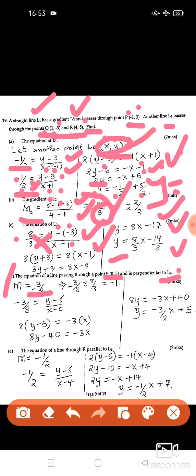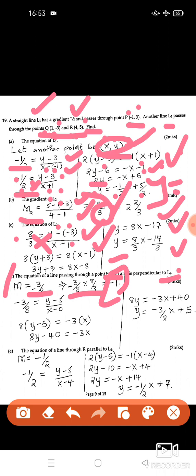Now we are going to express the equation of this other line which passes through S, and the gradient now is already identified, such that the two gradients multiplied will give a -1. Therefore, now we shall have -3 over 8 equals change in y. So again, we are picking another point xy, such that change in y will be y minus 5. Remember, coordinates of S are 0, 5.